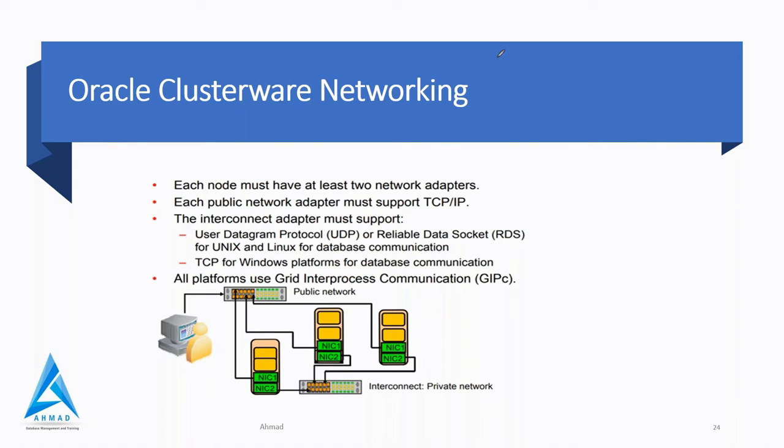However, you can also use third-party technology to provide redundancy for the private network. Each node in a cluster requires a supported interconnect protocol to support cache fusion and TCP/IP to support clusterware polling. That is all about it.